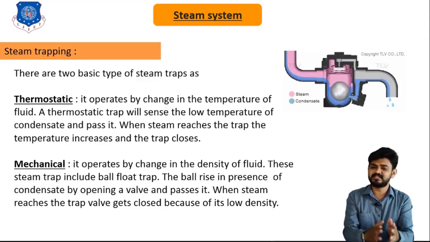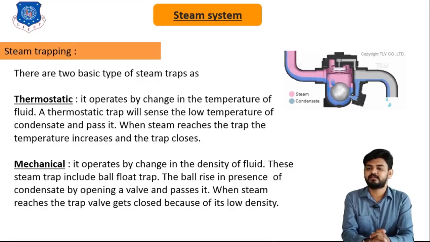When steam reaches the trap, the temperature increases and the trap closes. So when there is low temperature condensate, the thermostatic trap senses the low temperature and allows the condensate to escape through it. But when high pressure steam reaches the steam trap, the trap senses the higher temperature and does not allow steam to go through it.